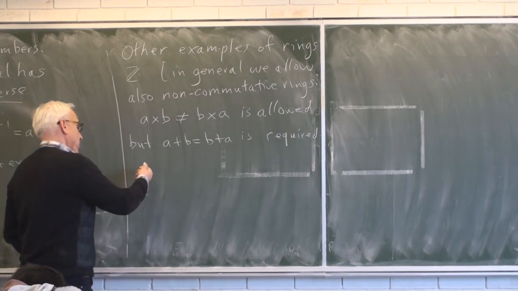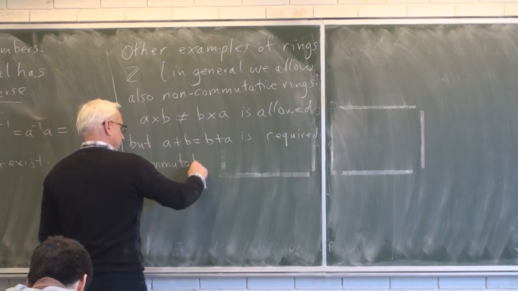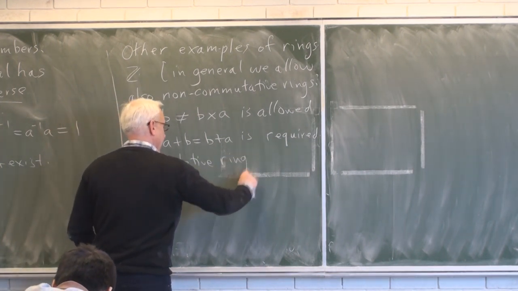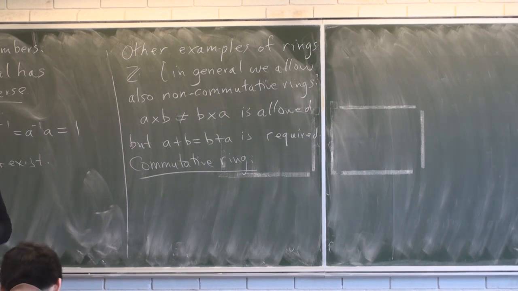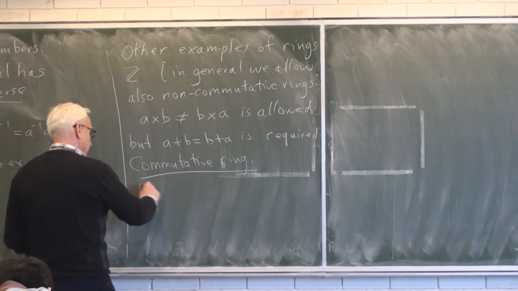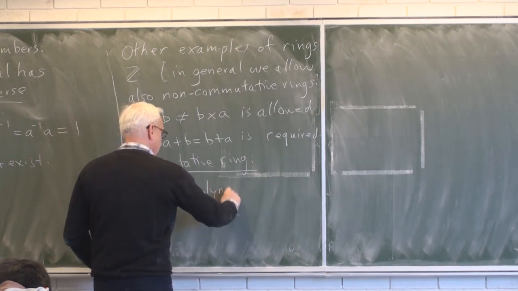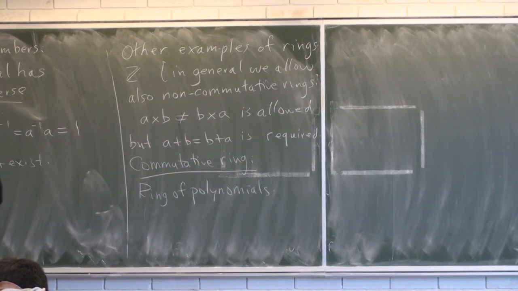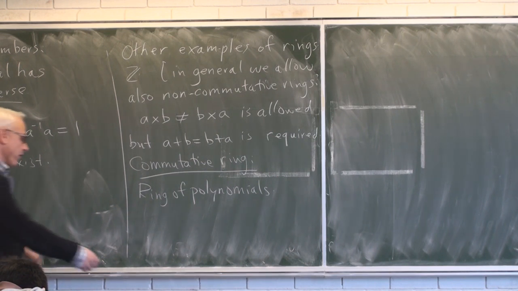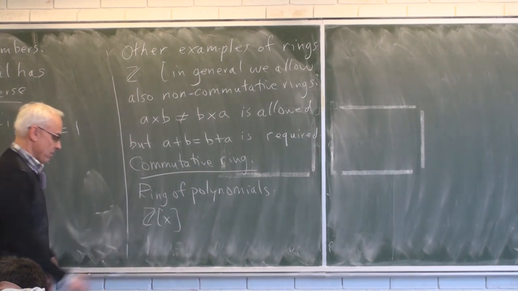So a very important example of a commutative ring are rings of polynomials. Okay, so ring of polynomials. And we can do this well over Z. So we could think of, no, maybe I'll use alpha.